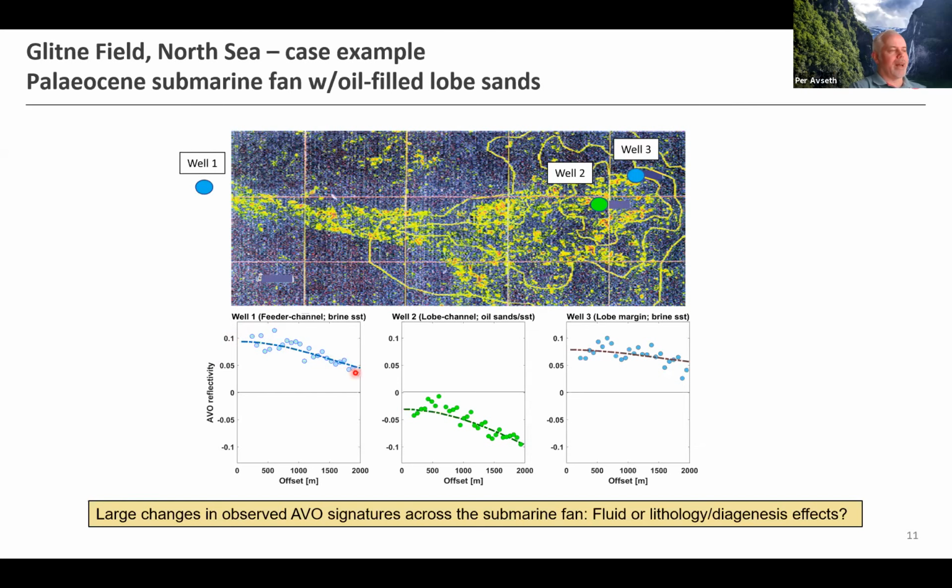So this is an AVO class 1. Then you have a class 2 to 3 with negative intercept and negative gradient, and then you're back to more class 1 again. So the question is: is this big drastic change only due to the fluids? Or what about the effect of diagenesis? This is an interesting question to ask even here for a given field.